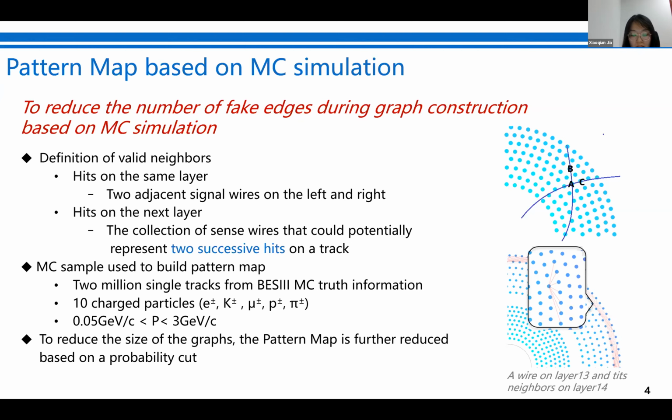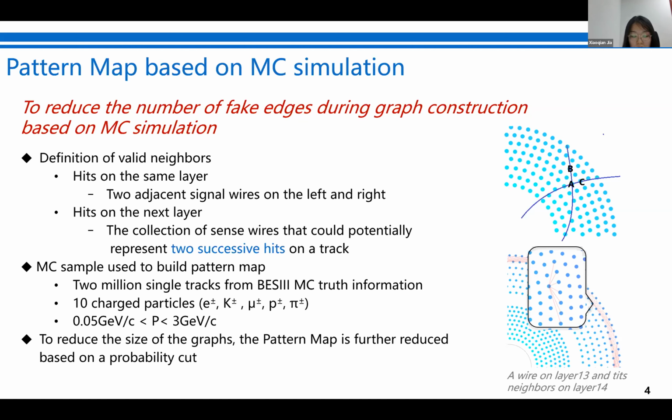In some other works, people try to define neighbors by calculating the geometry structure, in order to truly reflect the characteristics of the BESIII detector. We use a large amount of Monte Carlo data to find all possible neighbors.